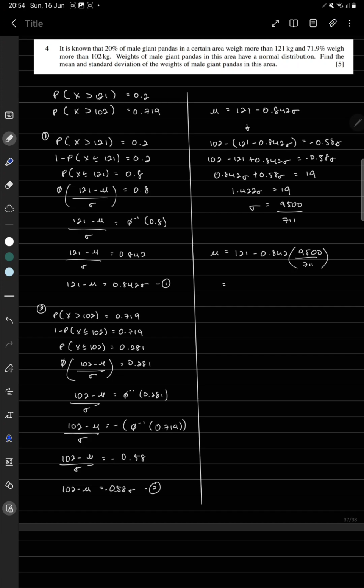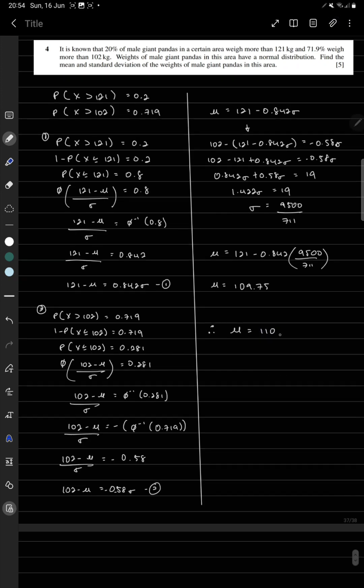Now I'm going to write down the final answer for my mean: 109.75 to 2 decimal places. So let's finalize this. My mean is equal to 110 in 3 significant figures. My standard deviation is equal to 13.4 in 3 significant figures.